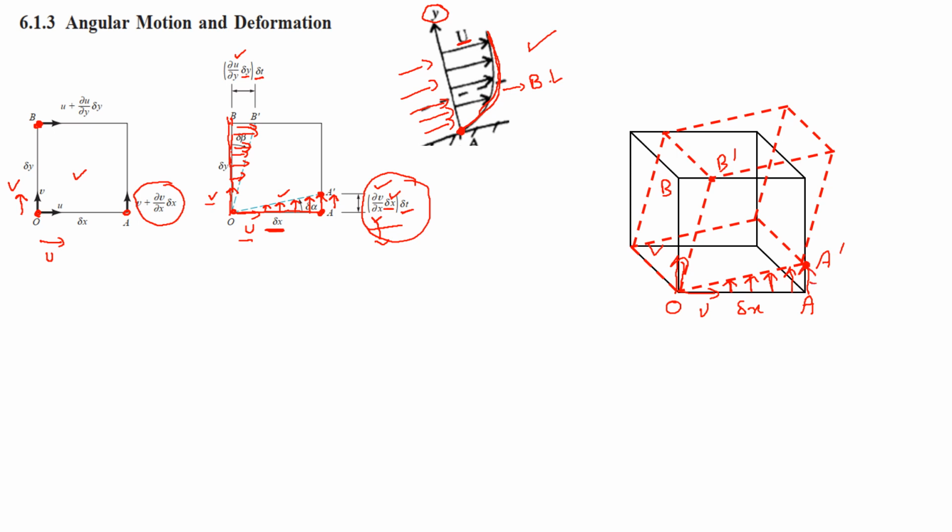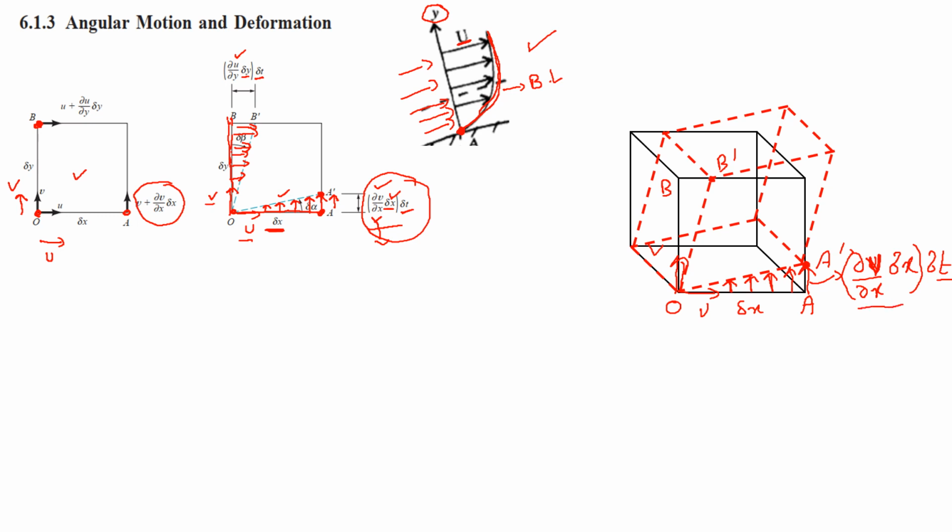So this velocity will have a gradient of partial v over partial x, because this is the v velocity vector, for the edge delta x with respect to delta t time.